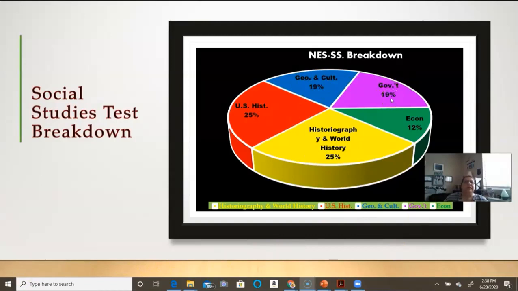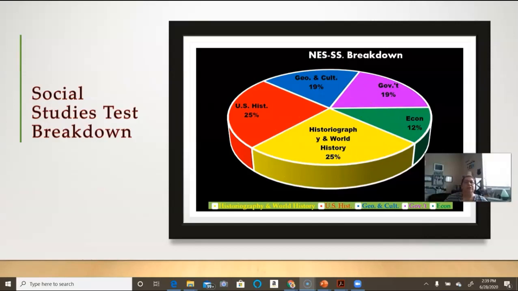Government will have another 19%, and then your economics will be made up of 12% of those questions. I believe that this is why many students find it difficult studying for this test, because of all of the different topics that incorporate social studies.